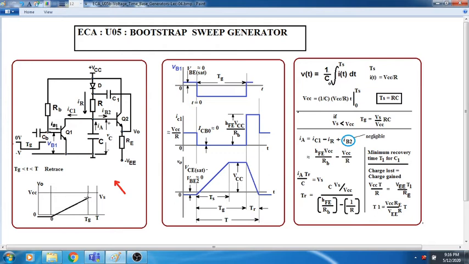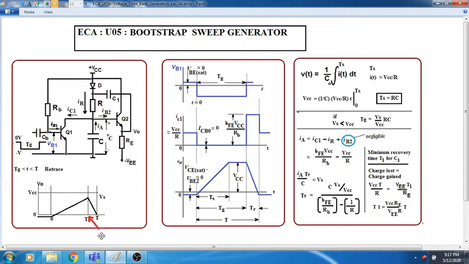So naturally the voltage will start reducing, and this will reduce to 0. We want to find out when it will reduce to 0. So what is this time T? That means the retrace time I want to find out. From this time to this time, what is this TR I want to find out. Now this T is from 0 to this time.